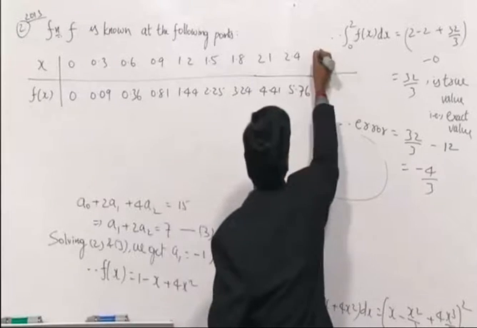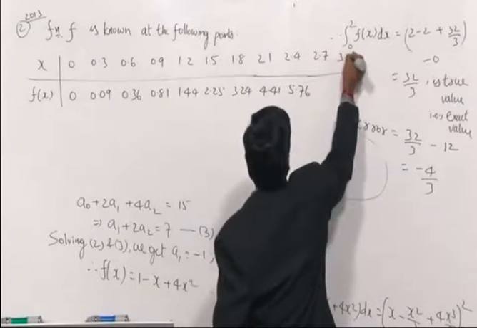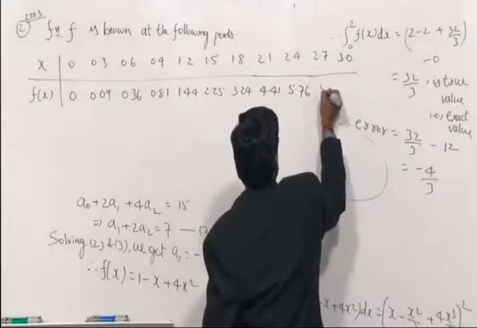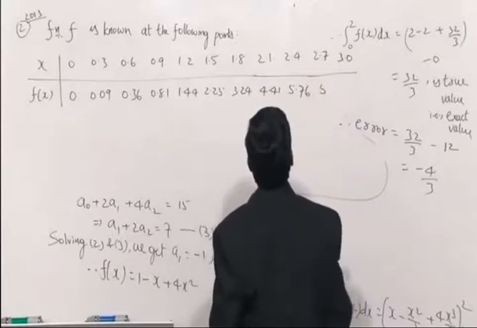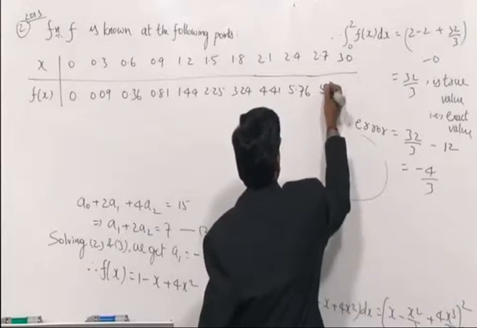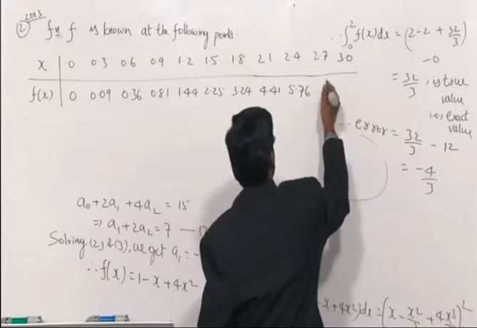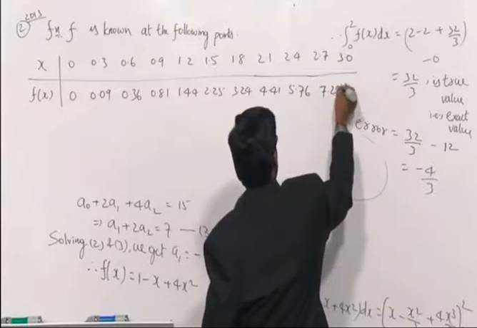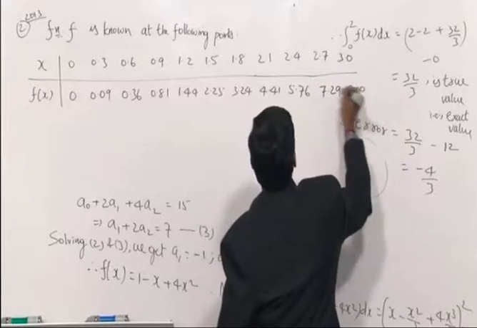The other two values, for 2.7 and 3.0, are 7.29 and 9.00.